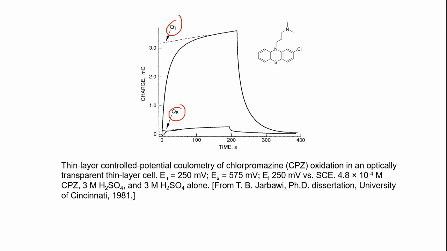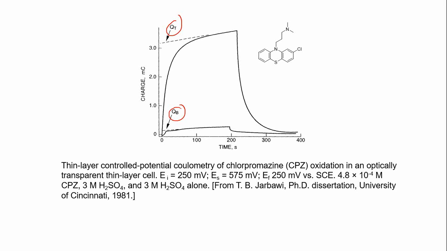For this pre-calibration, some standard can be used, and then by comparing to the standard, the response can also be standardized. So in the case of chlorpromazine oxidation, we get 1 electron for the oxidation of chlorpromazine.